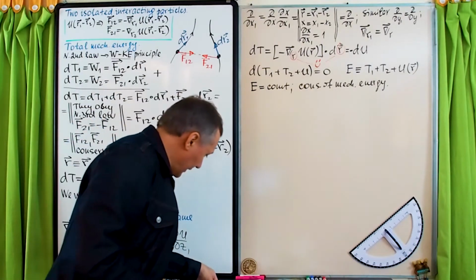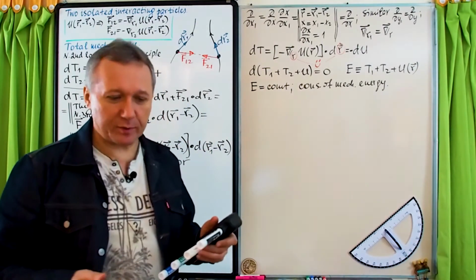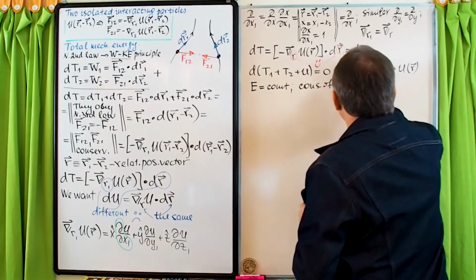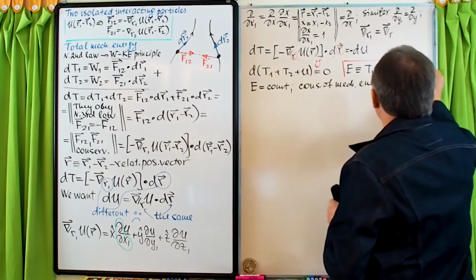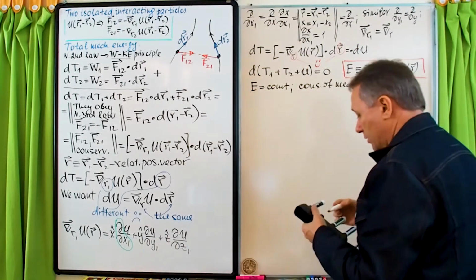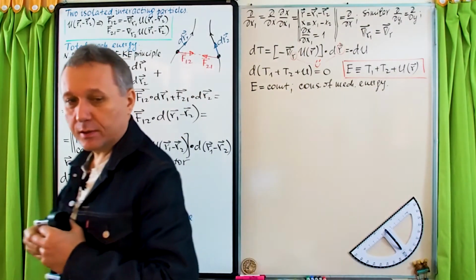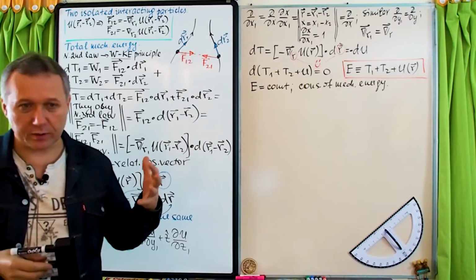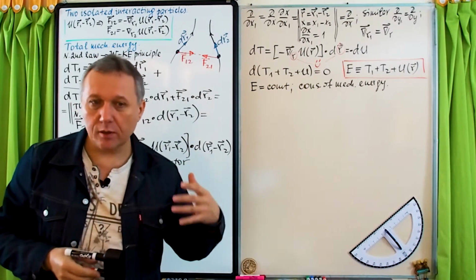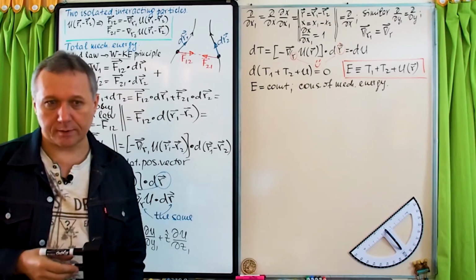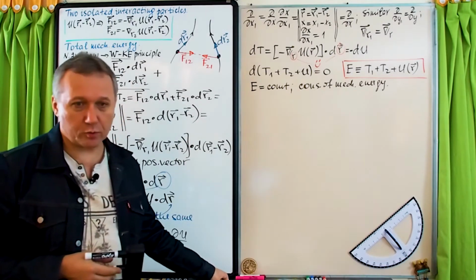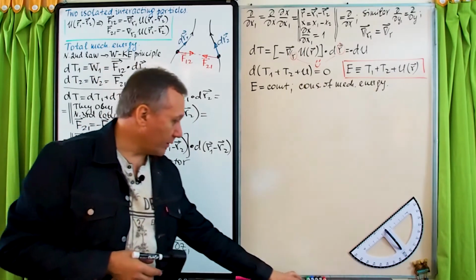So what's next? Of course, I need to frame it. We have two kinetic energies because there are two objects, and only one potential energy because potential energy is an energy of interactions. So you must have at least two objects to have interactions.